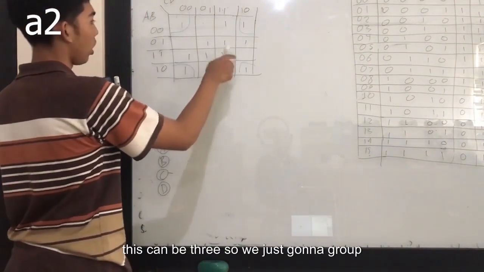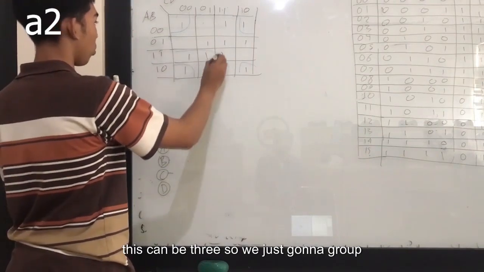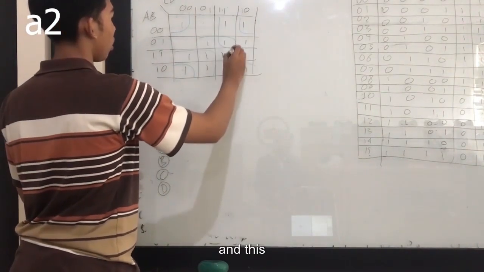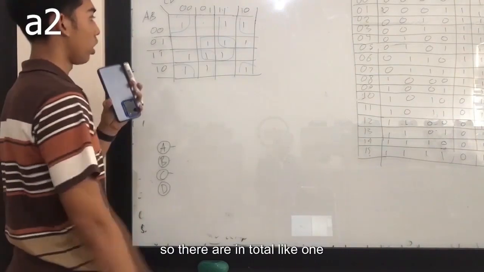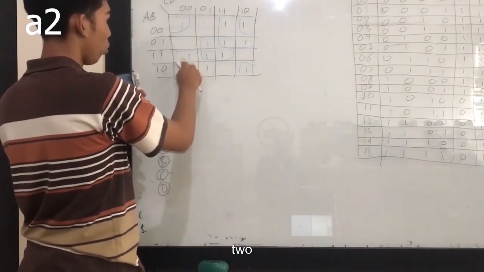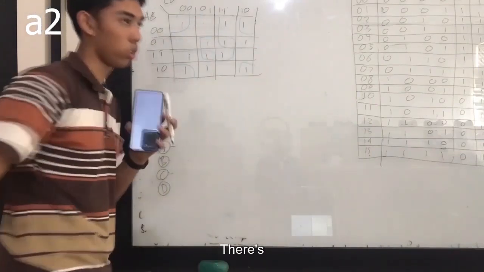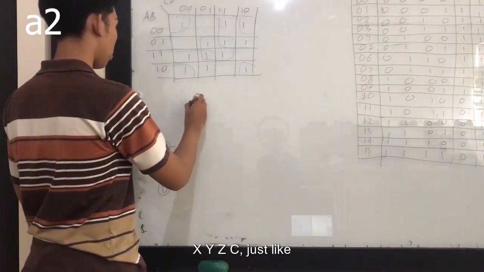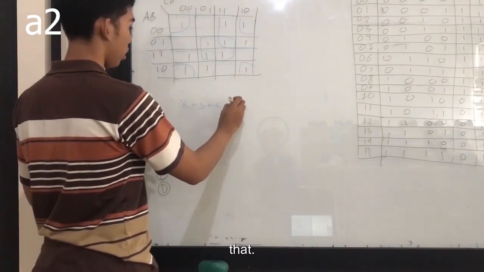Since this can be 3, we're just going to group them. So this and this. So there are in total 1, 2, 3 and 4.